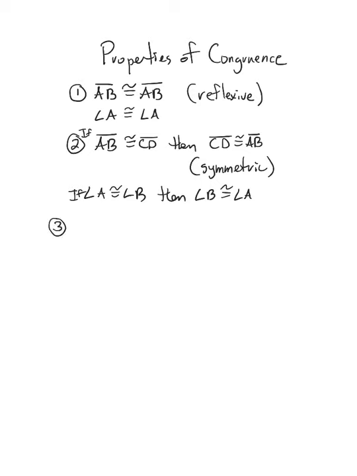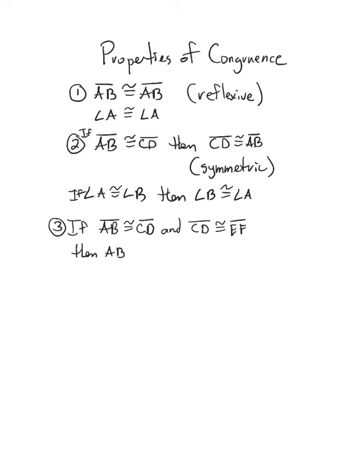And the third one is called the transitive property. So if AB is congruent to CD, and CD is congruent to, say, the next side, EF, then the congruences kind of go together. Both AB and EF are congruent to CD, so they're congruent to each other.